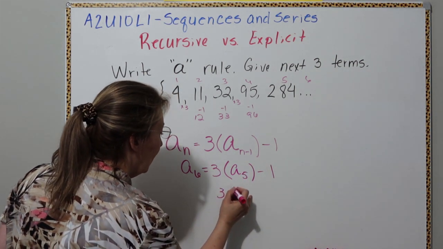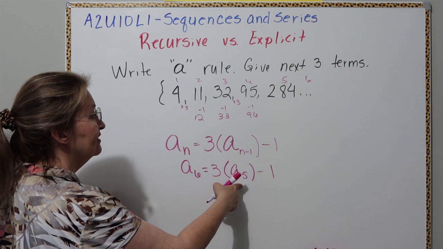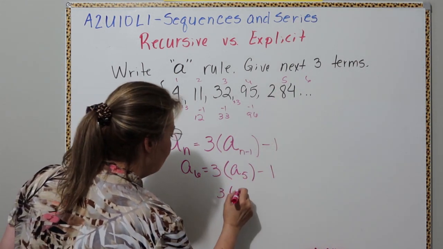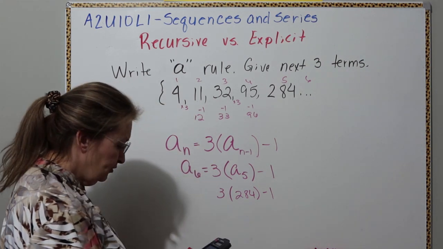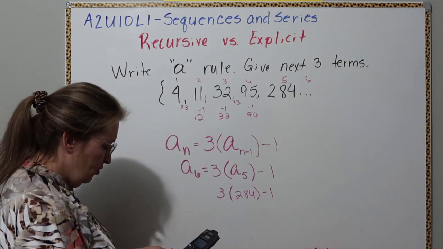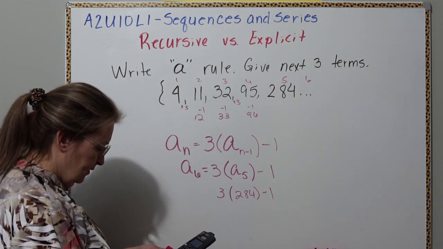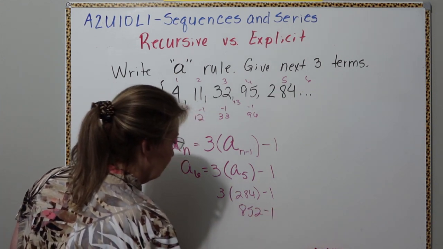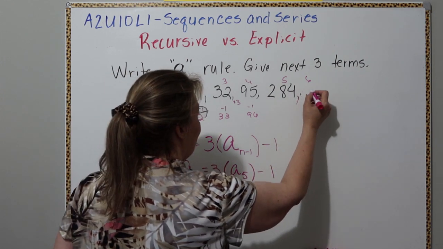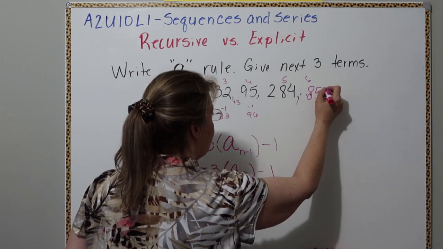Minus 1. Now, what is A5? Let's substitute. That was 284. So when I multiply 3 times 284, I get 852. I'm going to subtract 1. So my next term is 851.